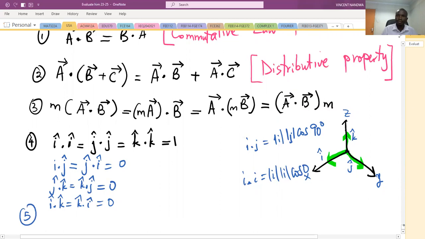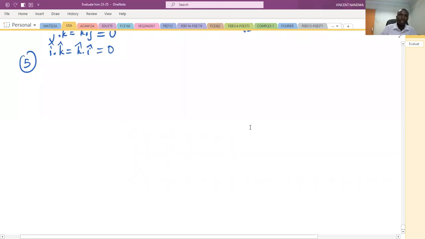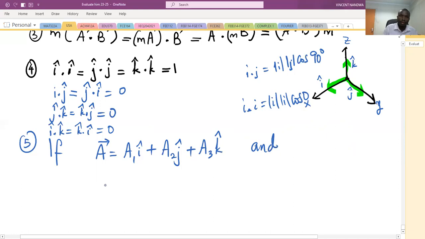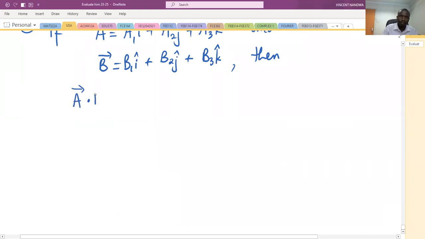Number five, if I have vector A given by A1 i plus A2 j plus A3 k, and B is given by B1 i plus B2 j plus B3 k, then A dot B is given by A1 B1 plus A2 B2 plus A3 B3.